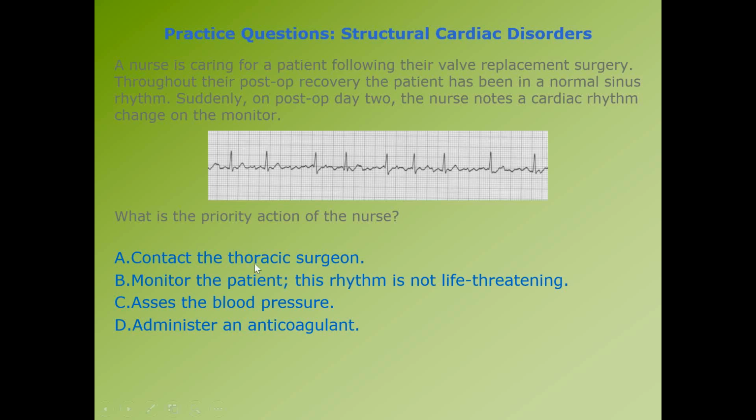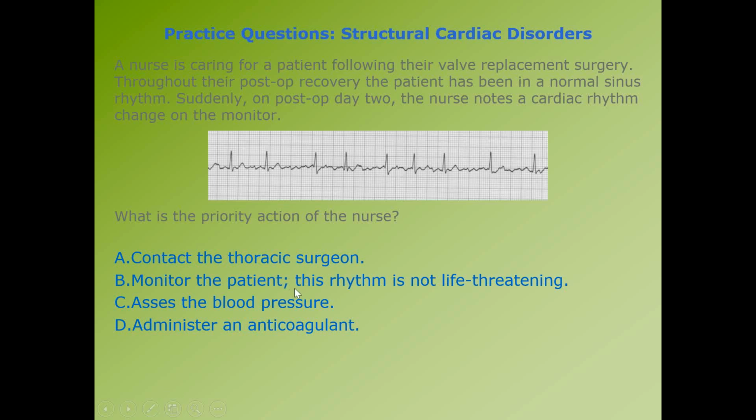So is the answer contact the thoracic surgeon a wrong answer? Well, it is wrong because it's not what you would do first, but it is an action that must be done. But you have to assess the patient when you see a different rhythm occur. You've got to make sure that there isn't a loss of consciousness, that their blood pressure and vital signs, and then you would absolutely contact the thoracic surgeon.